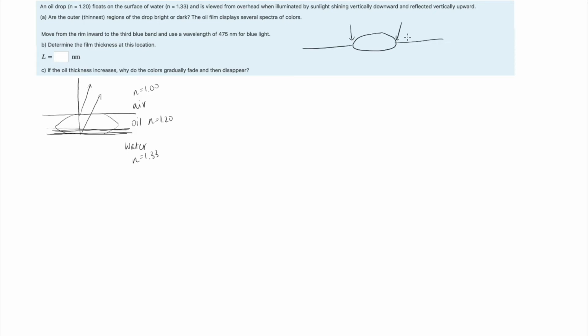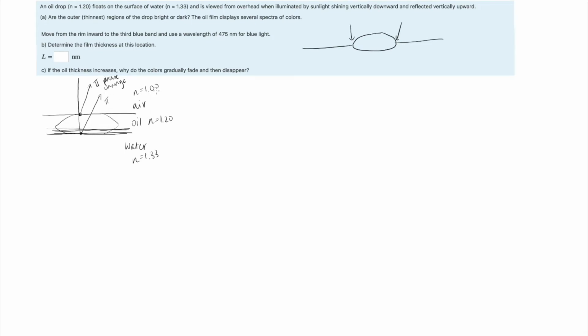For each ray of light coming in here, what are our phase changes going to be as the ray hits each interface? So when the rays hit the air-oil interface, there's going to be a pi phase change. And similarly, when they hit the oil-water interface, there's going to be a pi phase change.